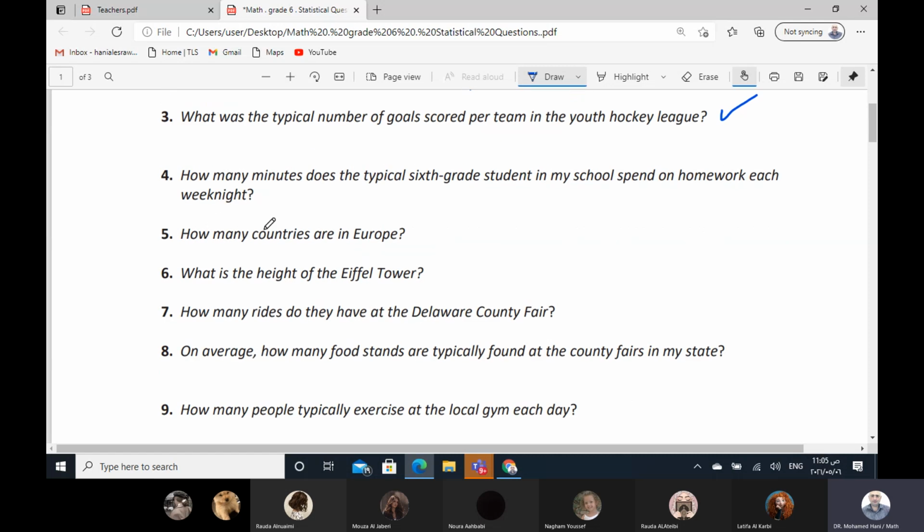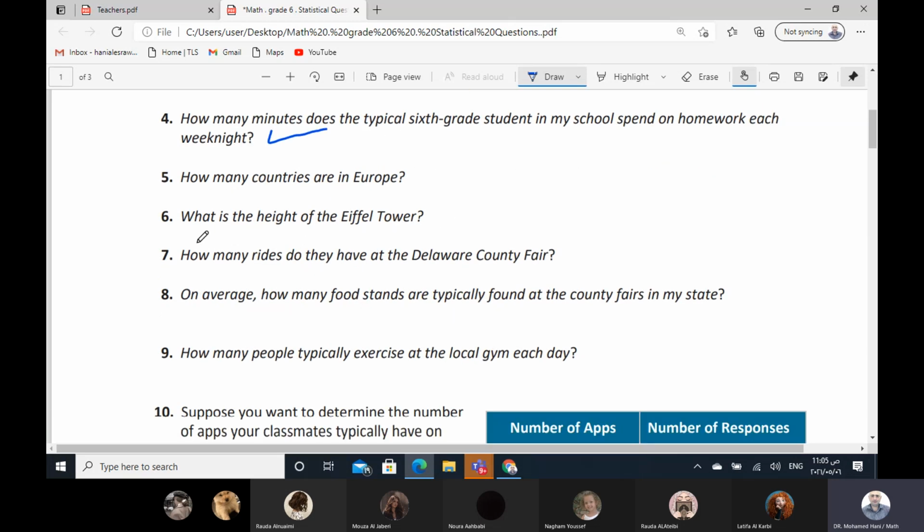How many minutes does the typical 6th grade student in my school spend on homework each weeknight? Statistical. How many countries are in Europe?